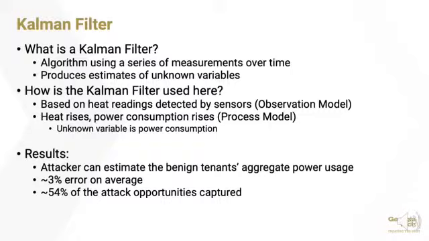These measurements contain statistical noise and other inaccuracies. The filter will produce estimates of unknown variables, and they tend to be more accurate than those based on any single measurement alone. This is done by estimating a joint probability distribution over the variables for each of the time frames observed.